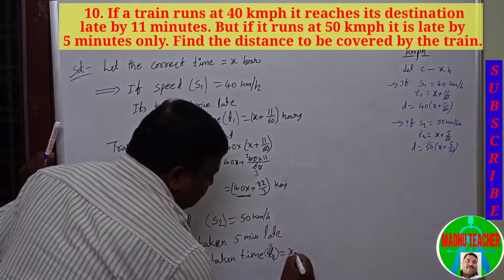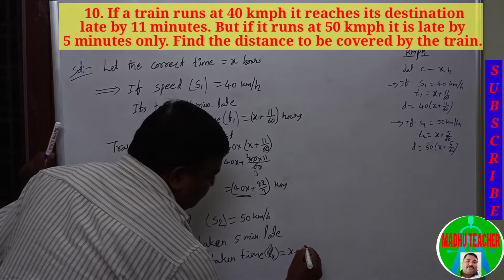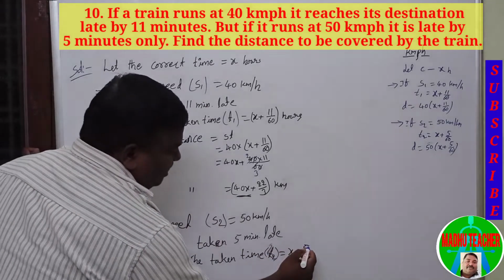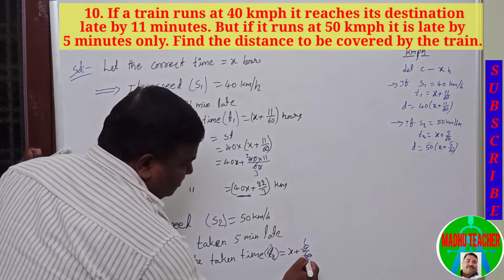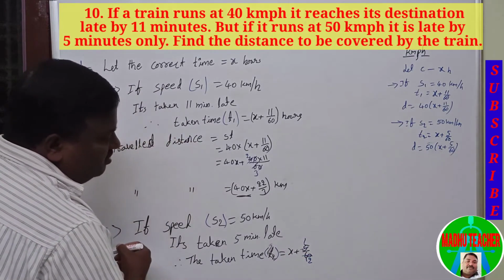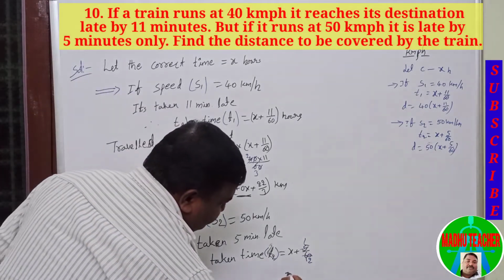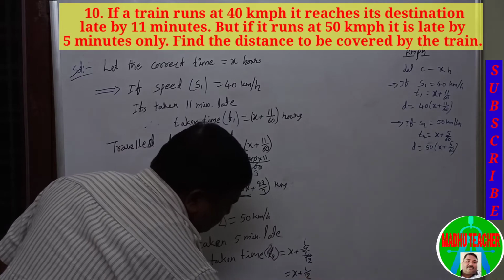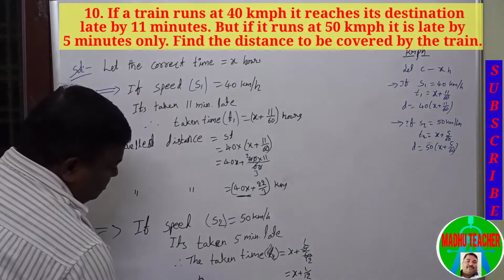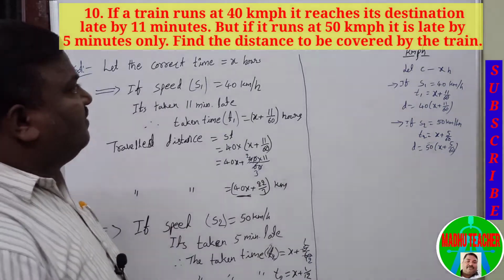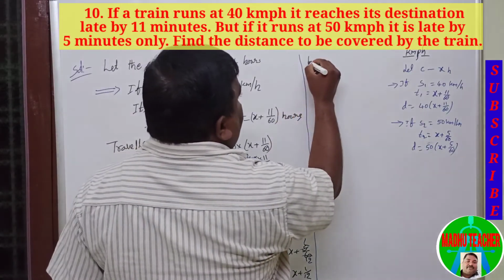Original time is x, it is late by 5 minutes, that means plus 5, changing into hours by 60. We can cancel here: 5 ones are 5, 5 2s are 10. So that equals x plus 1 by 12. So this is the taken time, t2.